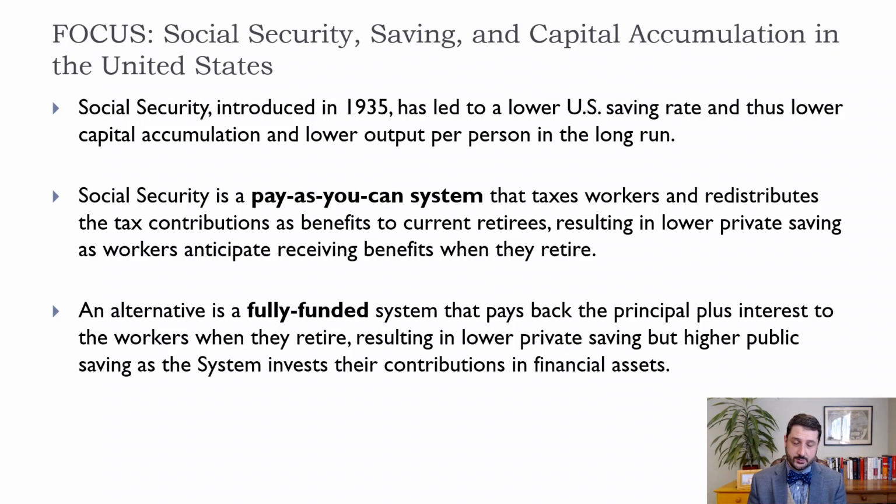So it's possible. But at the same time, the United States has very high levels of capital per worker compared to other countries. Not that there are other countries that have similar levels of capital per worker, but we're not lagging behind other countries. Although, of course, many other countries also have a pay-as-you-go retirement system.